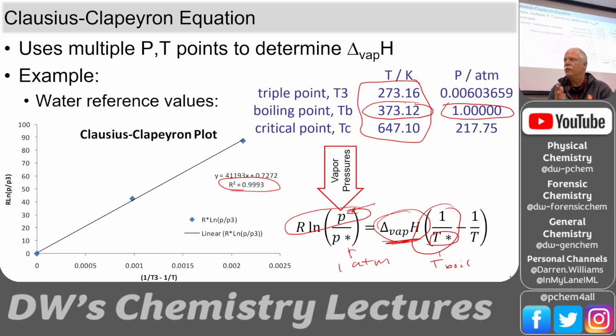You'll do 5 different temperatures. You'll plot R ln P versus 1 over T, and then the slope of that line will be the delta H of vaporization. And then you'll compare your delta H of vaporization to the literature. So for your gas, you need to look up the A and B constants for your gas and then try to find the delta H of vaporization for that gas.